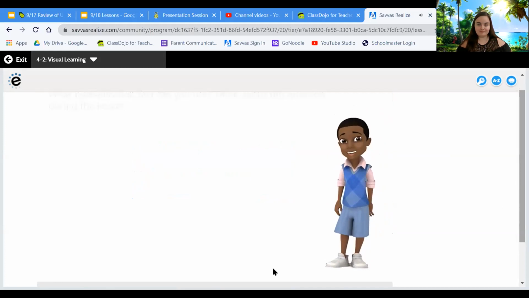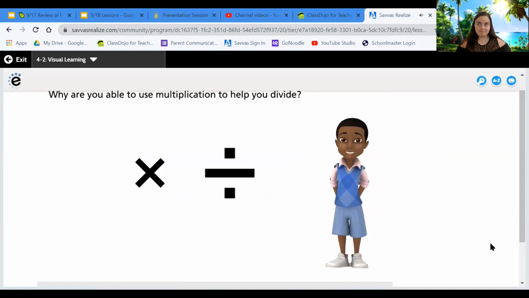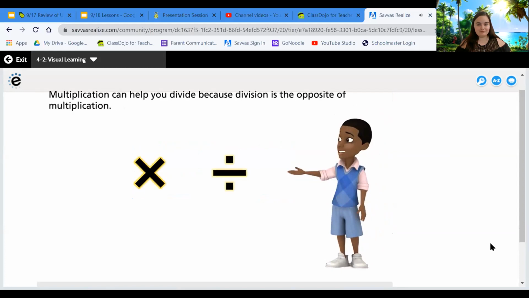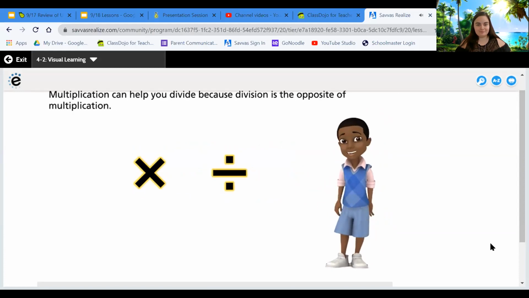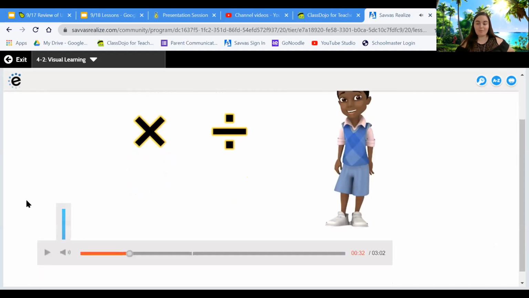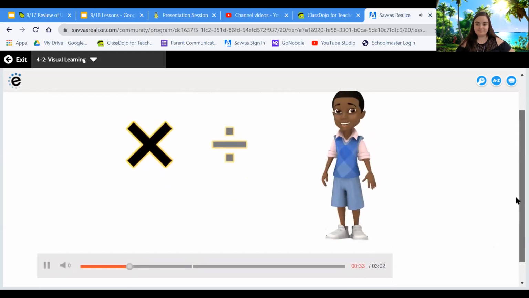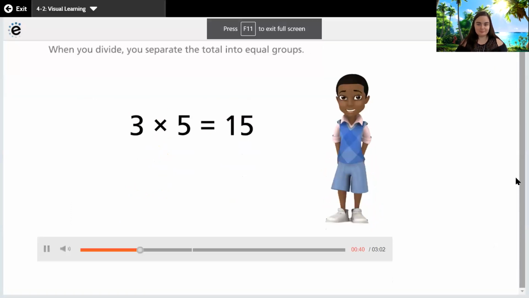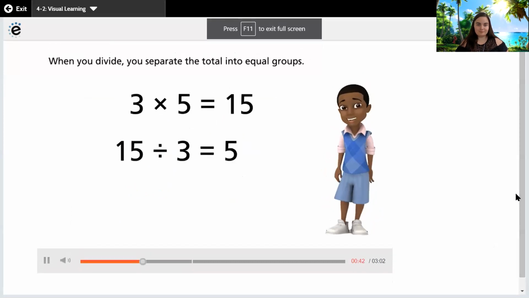Why are you able to use multiplication to help you divide? Multiplication can help you divide because division is the opposite of multiplication. Remember me saying you can flip them over? That's what I'm talking about. They're the opposite of one another. When you multiply, you combine equal groups to find the total. When you divide, you separate the total into equal groups.